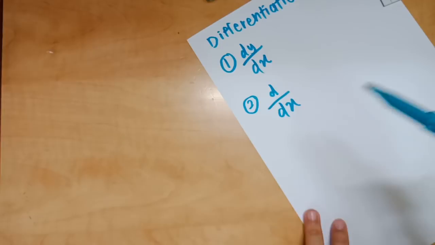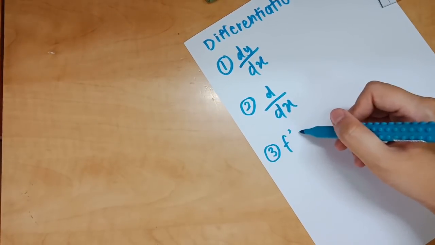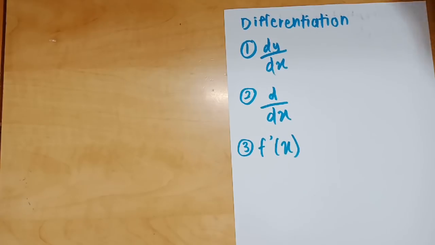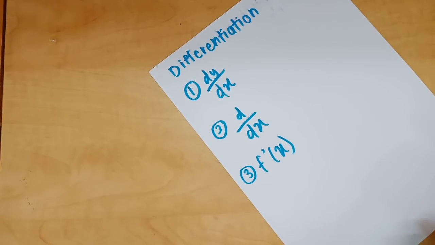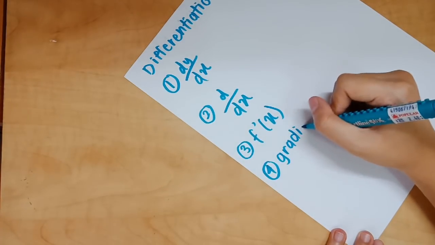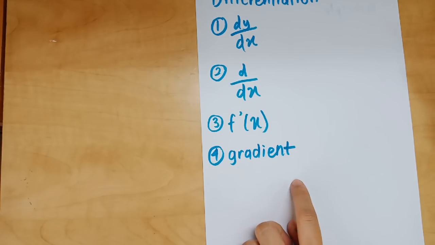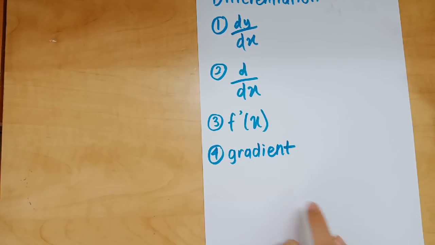This is also differentiation. And the third one is f'(x). The other form of differentiation is actually gradient. Whenever they say find the gradient, they also mean differentiation as well.